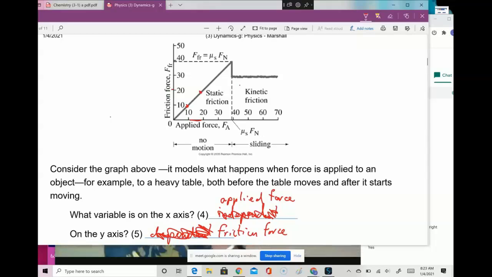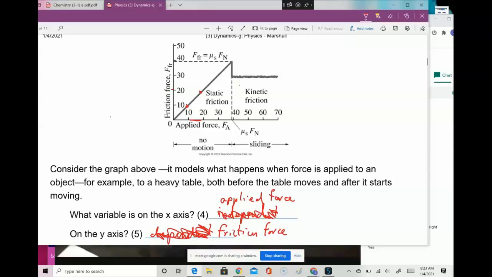And how do I know that that has to be true? If I come up to this table and I push on it with a force of 10 newtons, how do I know what's pushing back on me? The friction force is pushing back on me with a force of 10 newtons. It's not moving. That's the phrase that I don't like. It's not doing what? It's not accelerating, is it?